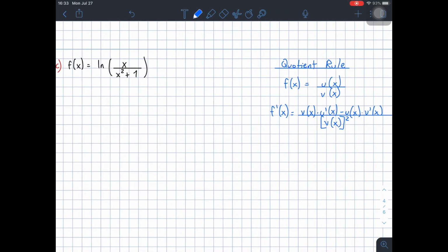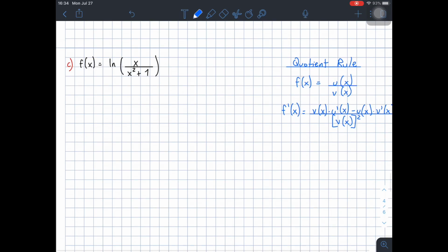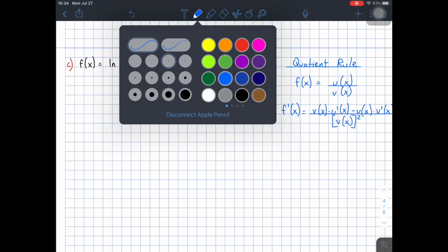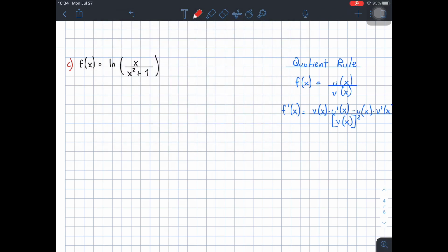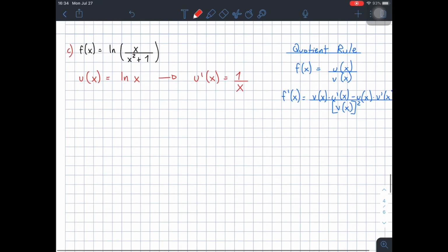Okay, so first thing, we're gonna apply the quotient rule in order to solve the derivative of whatever we have inside there. So I'm gonna define u of x as the outermost function. This is natural logarithm of x, right? So u prime of x, the derivative of natural logarithm, is 1 over x. Okay, and then we have v of x, which is the quotient function or the rational function.